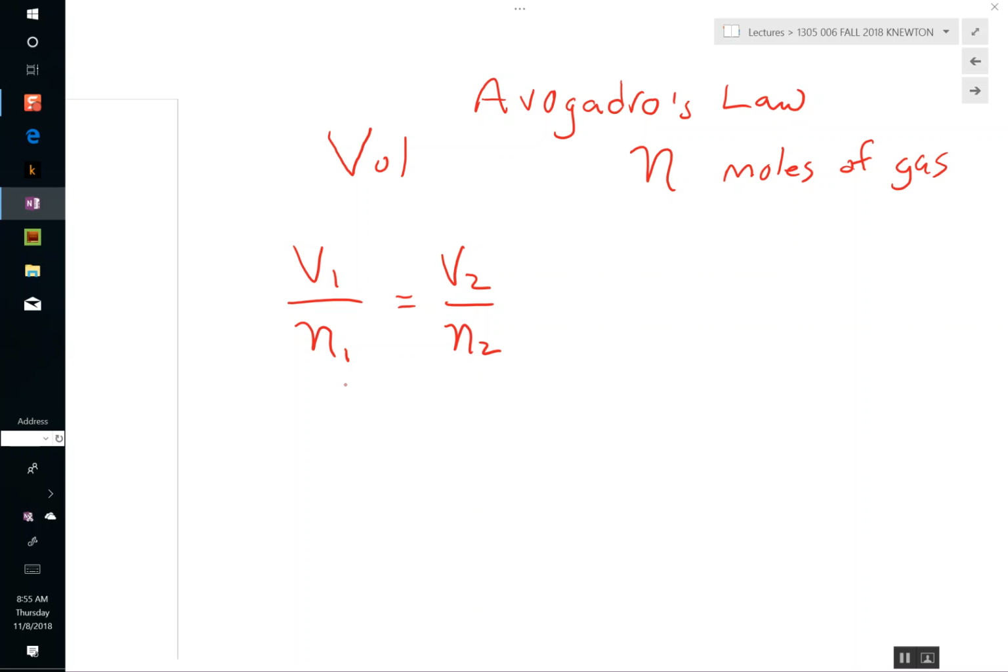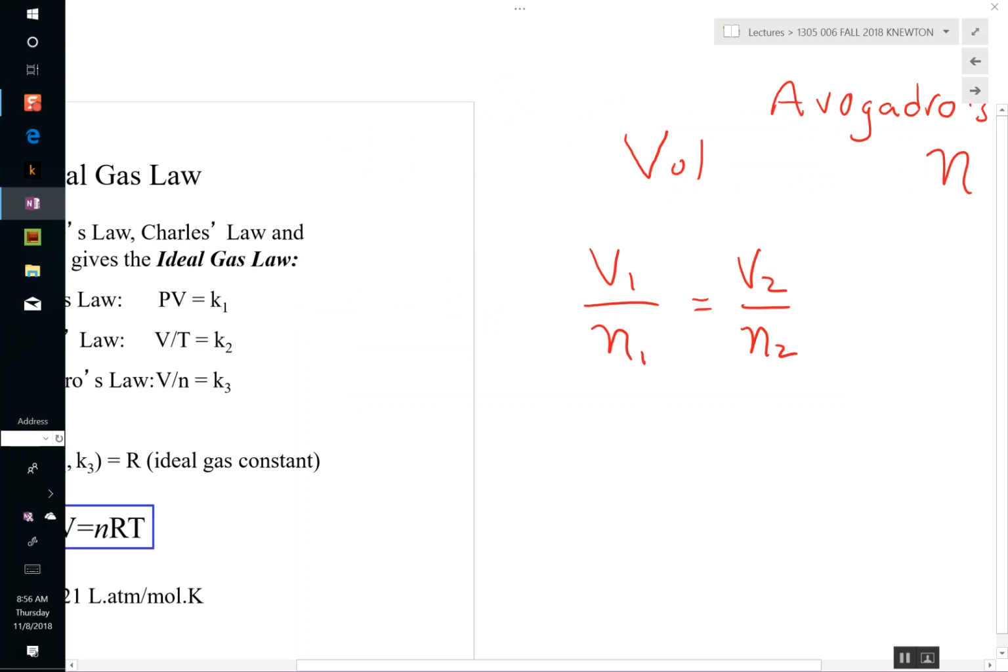If you cross multiply, you have V1 times N2 equals V2 times N1. That's just a rearranged expression of this law right here, Avogadro's law. We won't do a problem there.